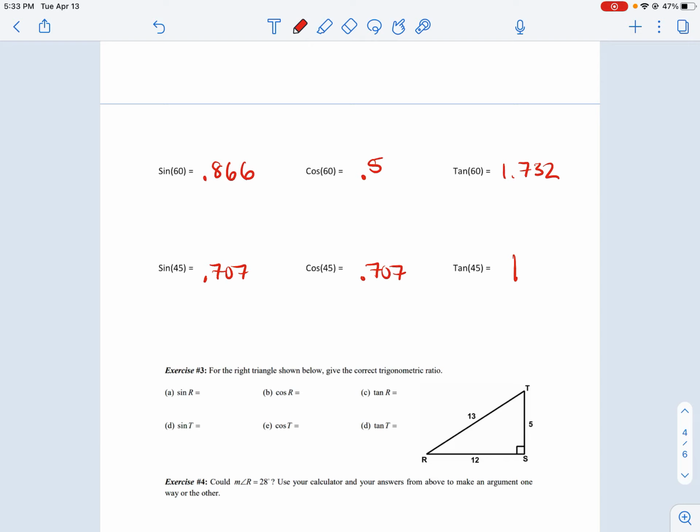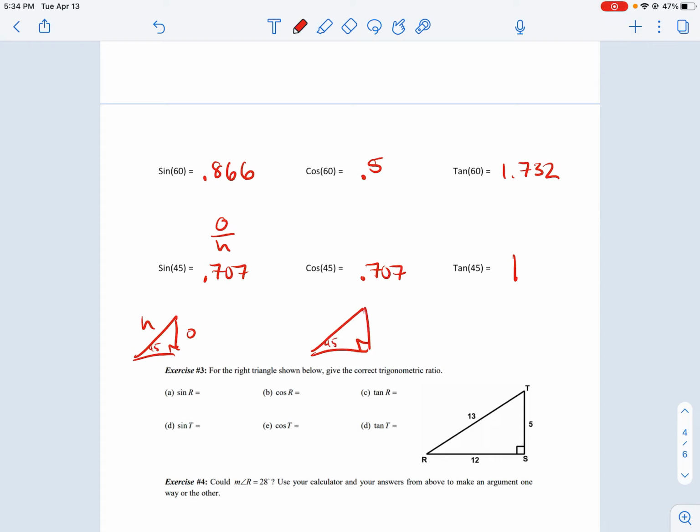So any triangle that has a 45-degree angle there, the relationship created by the opposite over the hypotenuse, these sides right here, will always be the same amongst all right triangles, as long as those two angles are in common.